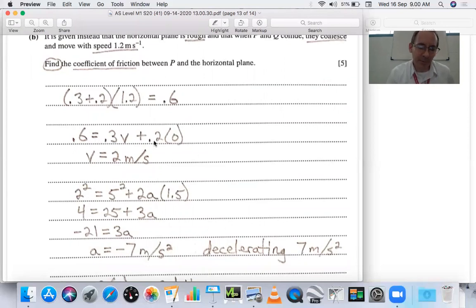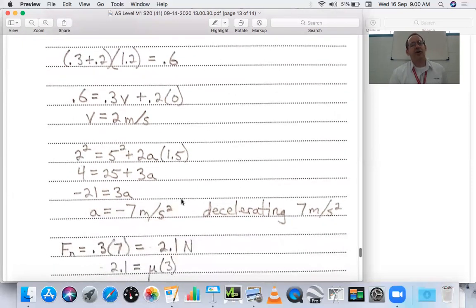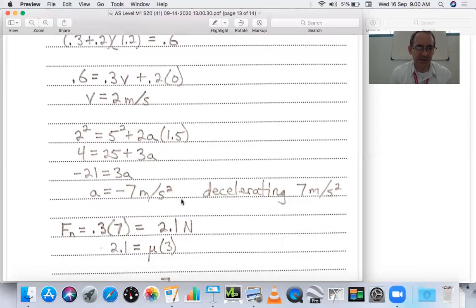So remember our Q was at rest, so that means our particle P, 0.3 times v, then slowed down to a velocity of 2 meters per second. So now we can calculate its acceleration over that horizontal part, because the initial velocity when it got down that inclined plane was 5, and when it reached particle Q was 2.